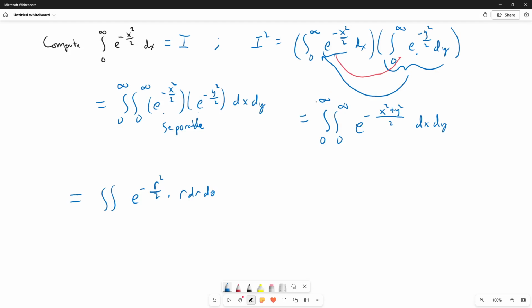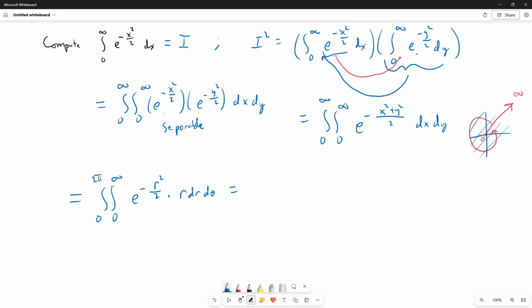Now we're integrating over the whole plane here. x is between 0 and infinity, y is between 0 and infinity, so we're integrating over the whole xy plane, which means that r is going to go from 0 to infinity, and theta is going to go all the way around from 0 to 2 pi.